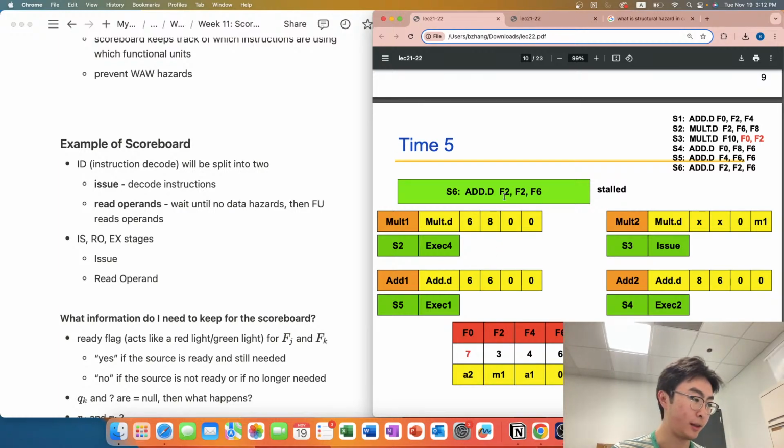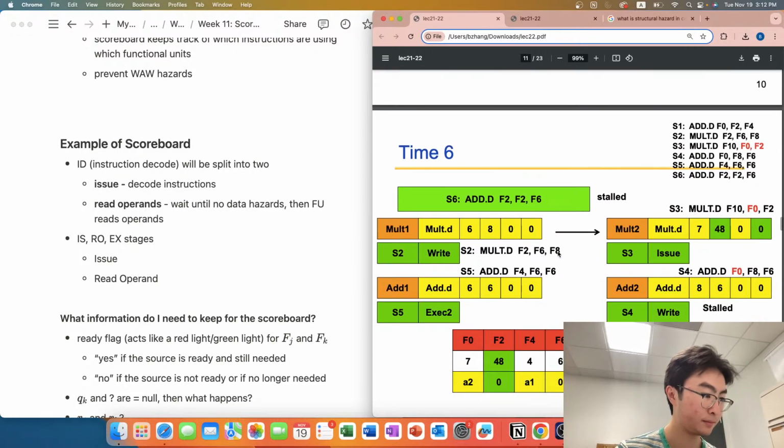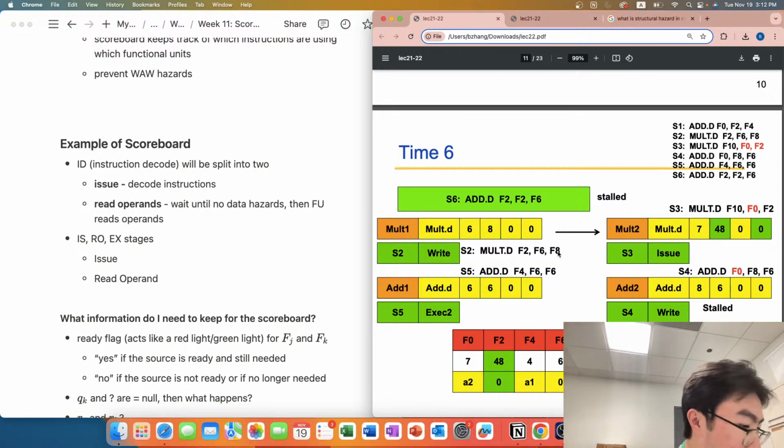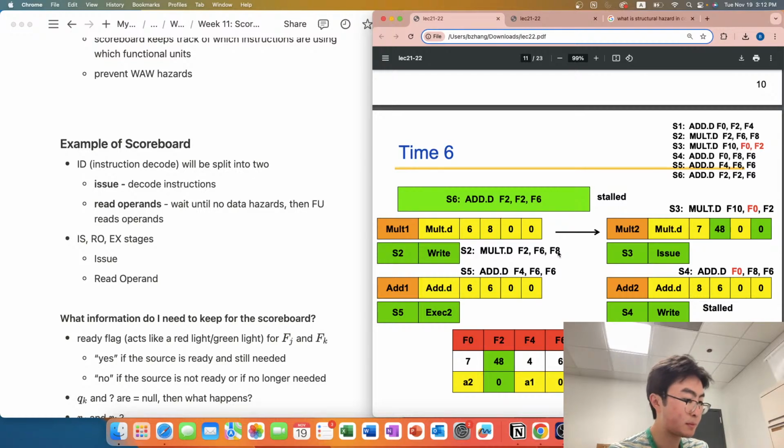So I think this instruction is still stalled. You just need to get write. Okay. Stalled as well. So we can see that. Yeah, because this is also reading from F0, so we can't write to F0 yet.